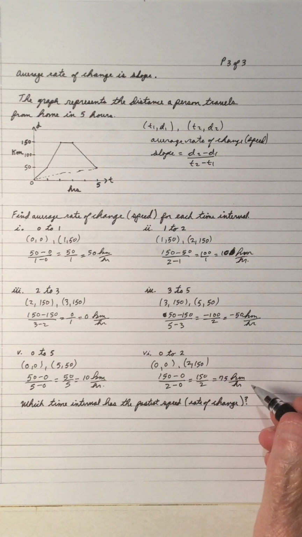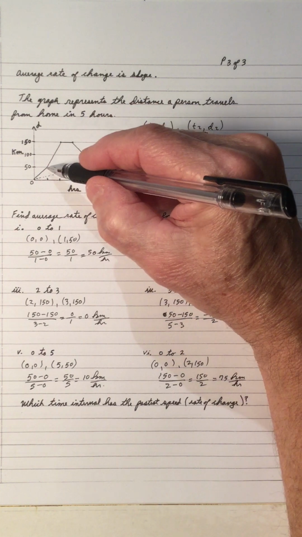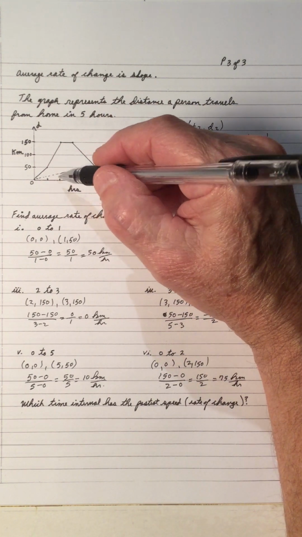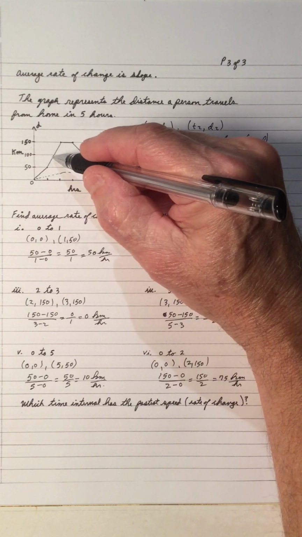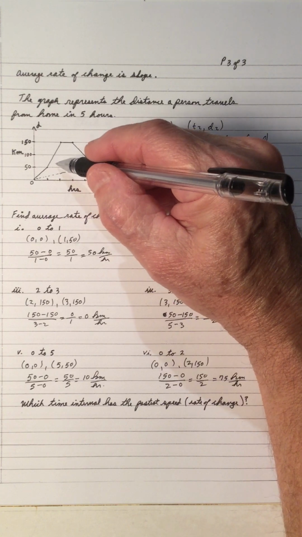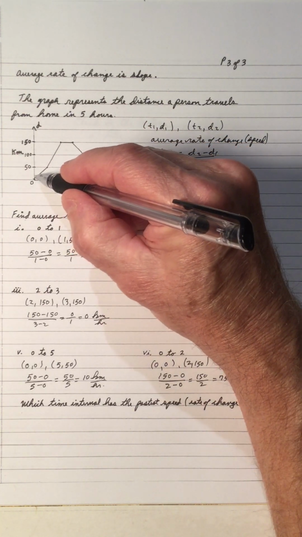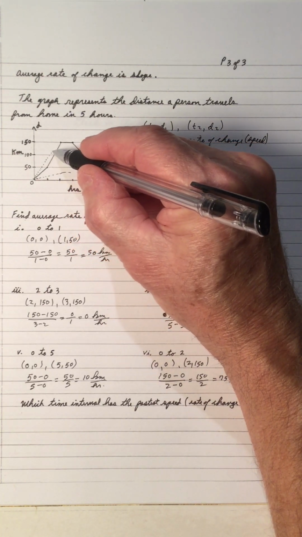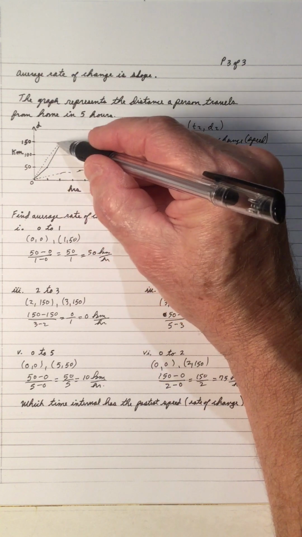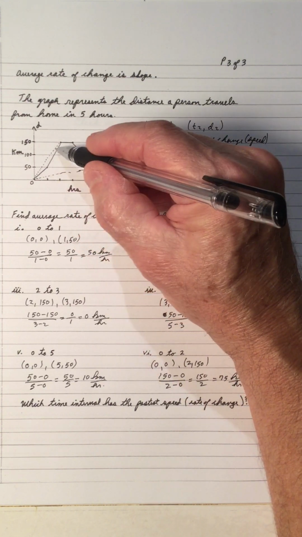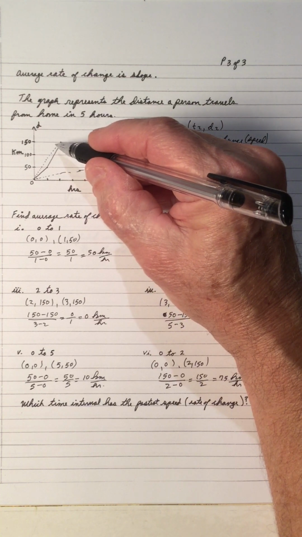So notice, again, 0 to 2, let's look at this line right here. So notice how steep this is. This is the steepest distance from 0 to 2.